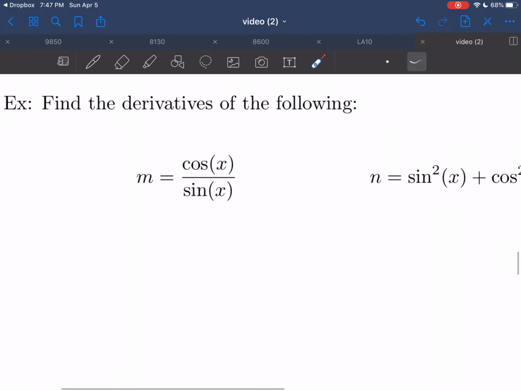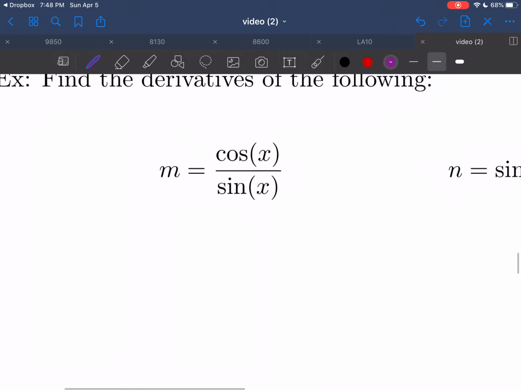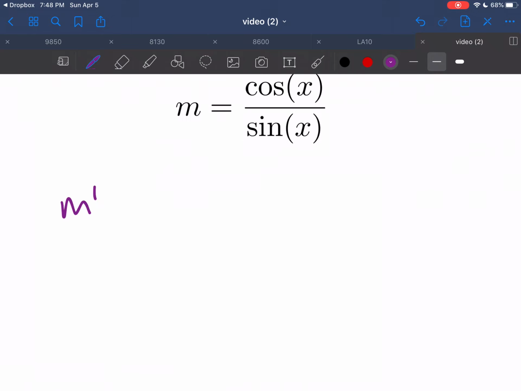All right, and so we can use those to evaluate the derivatives of some following functions here. So this first one we'll have to use the quotient rule on because we're dividing. So we'll say that m prime is equal to, remember it's low d high minus high d low.